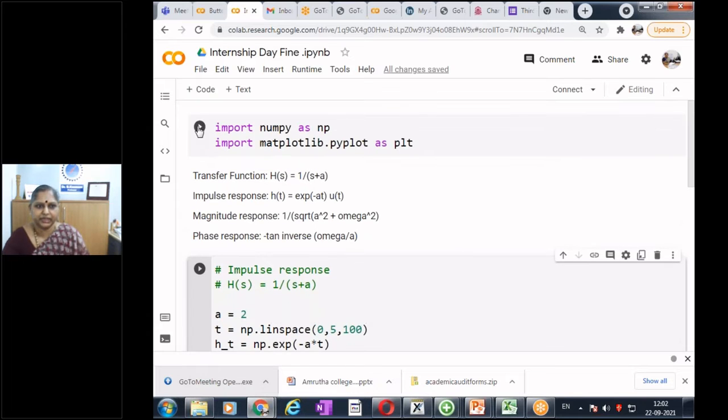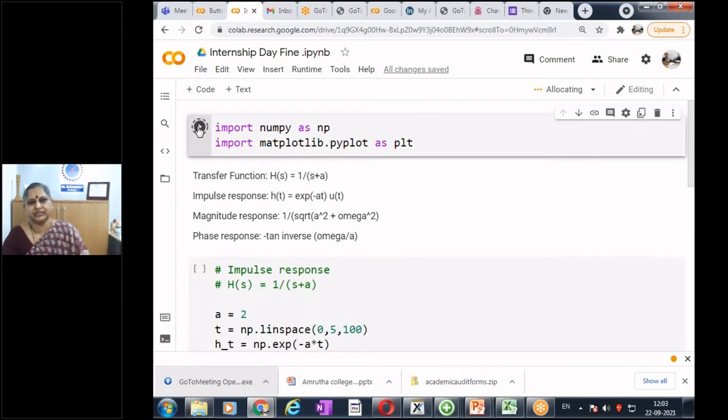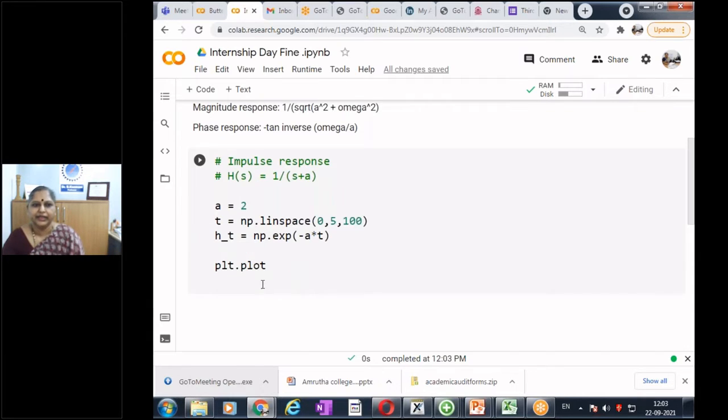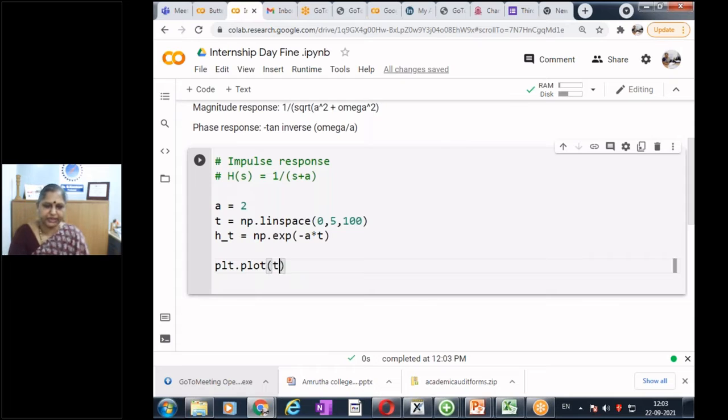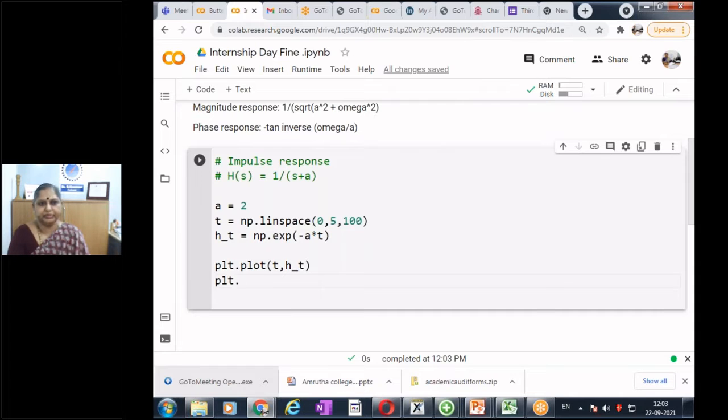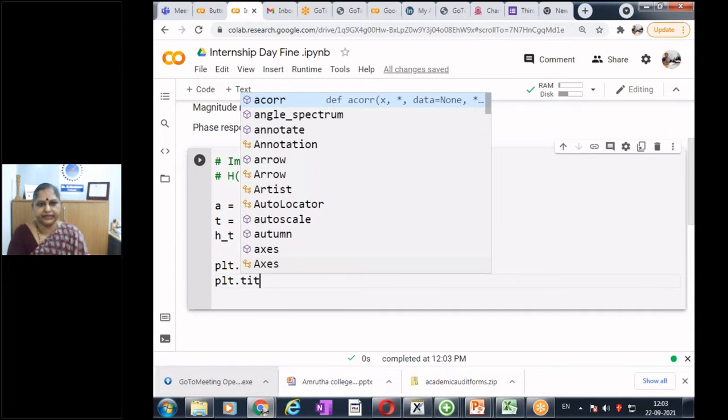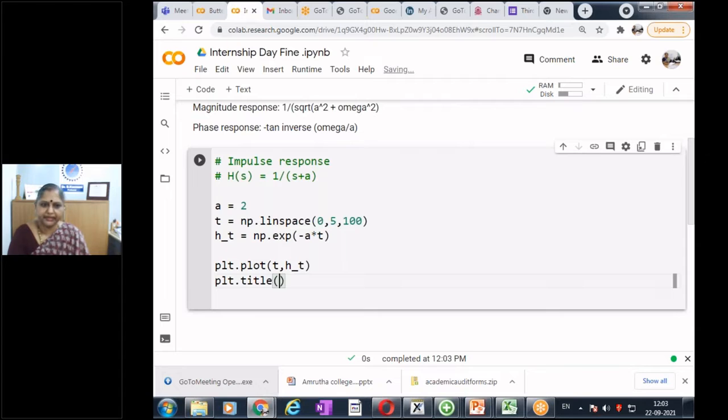Please run the cell, otherwise it will not work. So let us run this first cell. Run the first cell. And now plt dot plot. What should I plot? t comma h of t. And then plt dot title. What is my title? Impulse response.